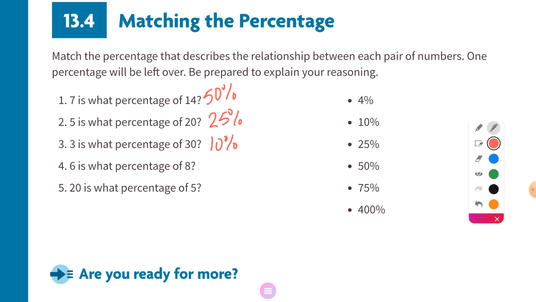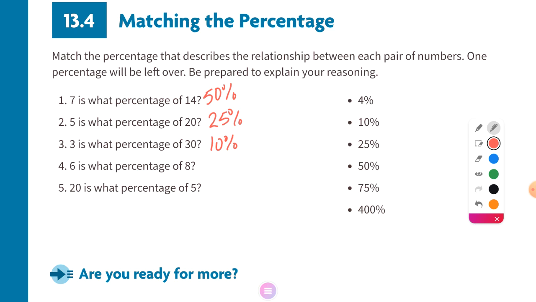Leo? 4. Not 4. Now, I'm going to just go ahead and teach you the trick. Because these are the ones that, for some reason, are the most difficult when we start doing the math, and they're actually the easiest. In a fraction, what goes on top, the part or the whole? The part. Which of those numbers is our part? 6.